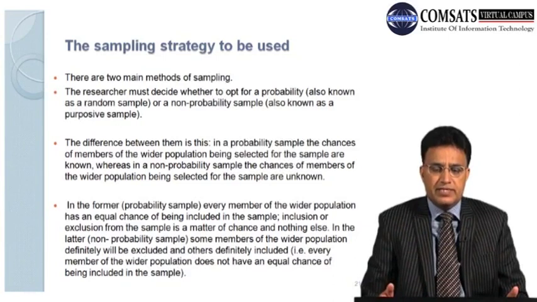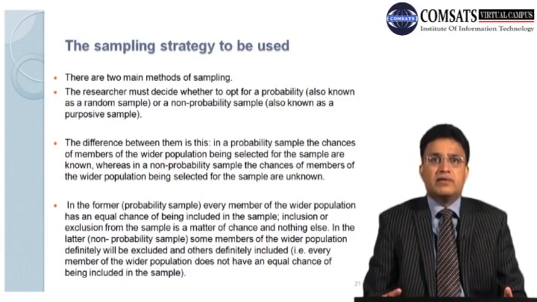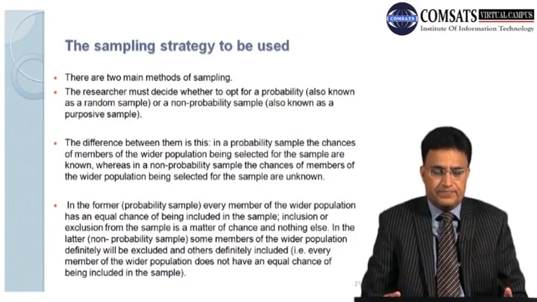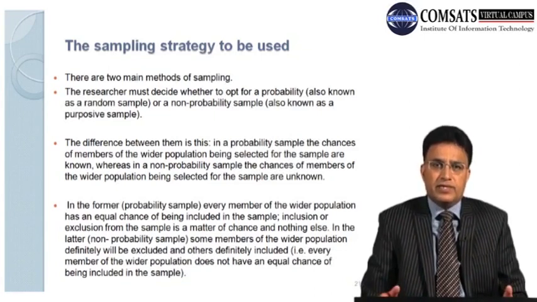Whereas in a non-probability sample, the chances of members of the wider population being selected for the sample are unknown. In the former, the probability sample, every member of the wider population has an equal chance of being included in the sample.